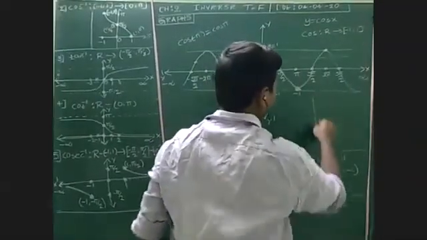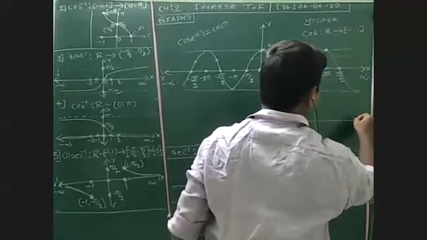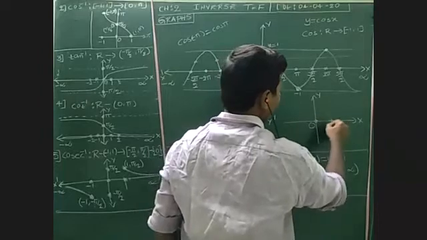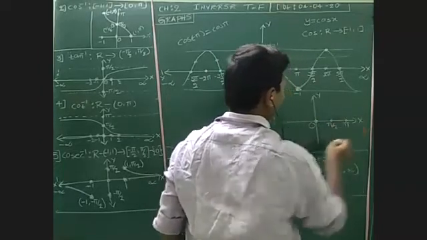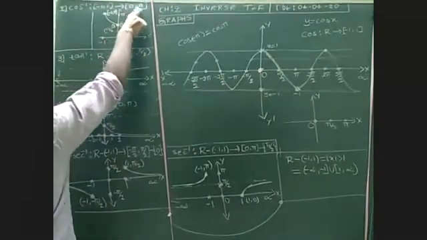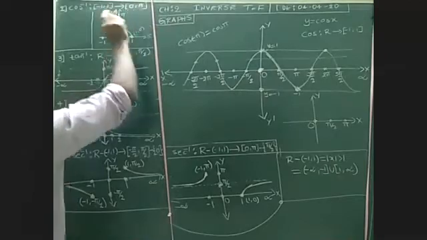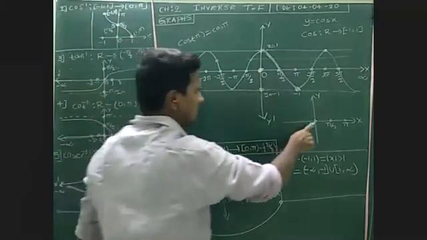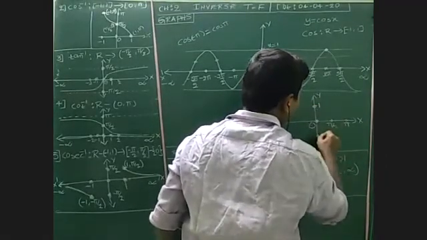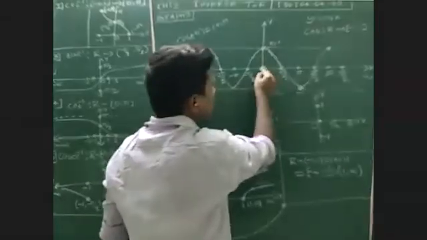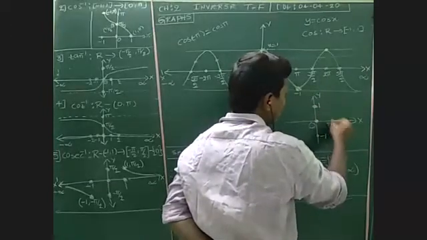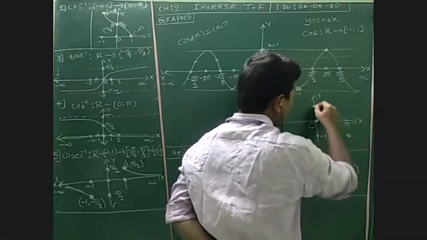I'm restricting the domain of cos x from 0, 90, 180, up to 0 to 180 only, because the range of cos inverse is 0 to pi. The range is -1 to 1 for cos x. What is cos 0? 1. Cos 90 is 0. Cos 180 is -1.